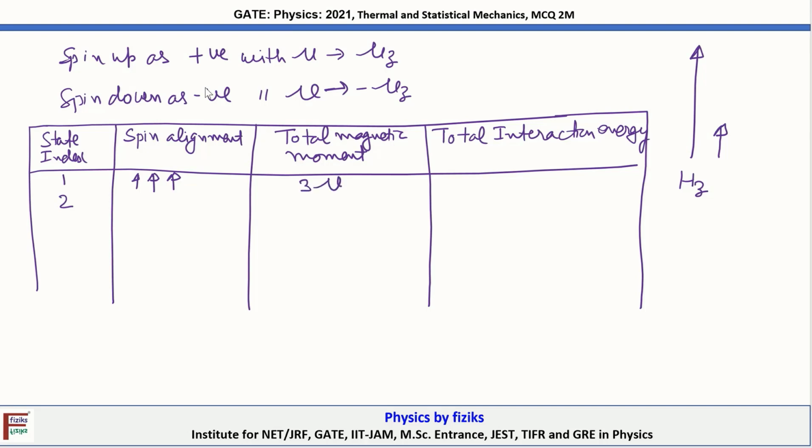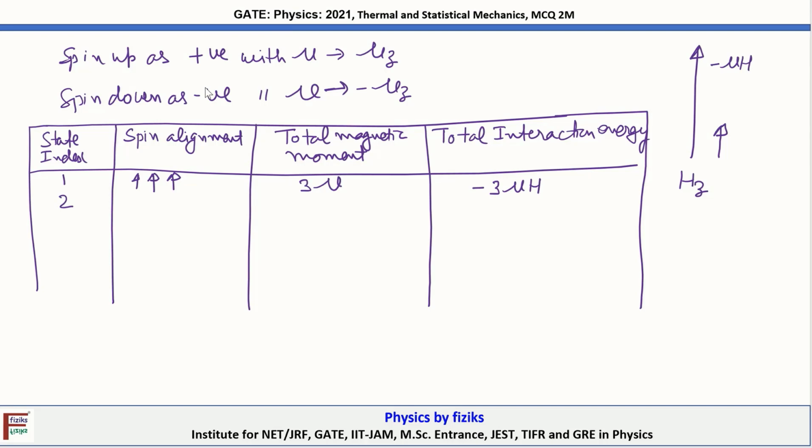The corresponding interaction energy: for one single spin it's minus mu h. We have a total of 3 spins pointing in the upper direction, so the net interaction energy will be minus 3 mu h.